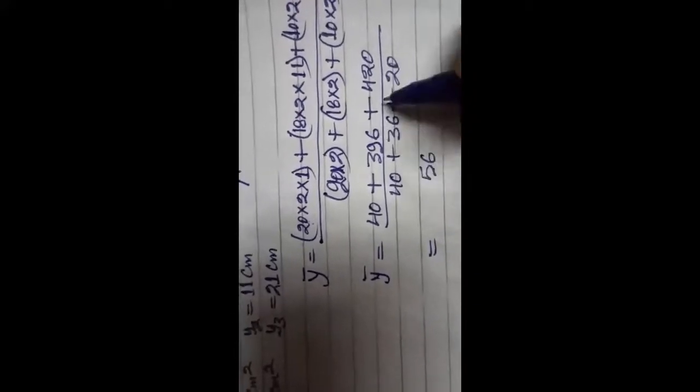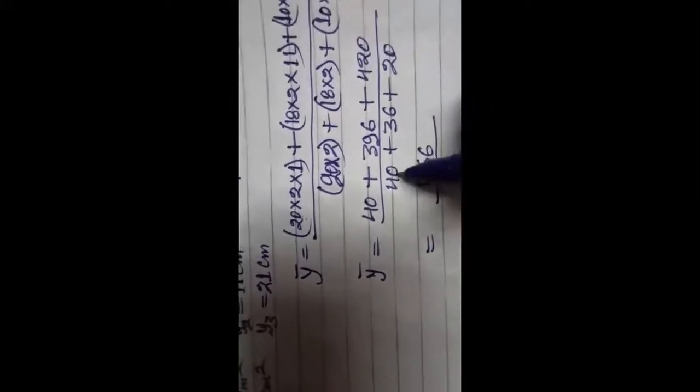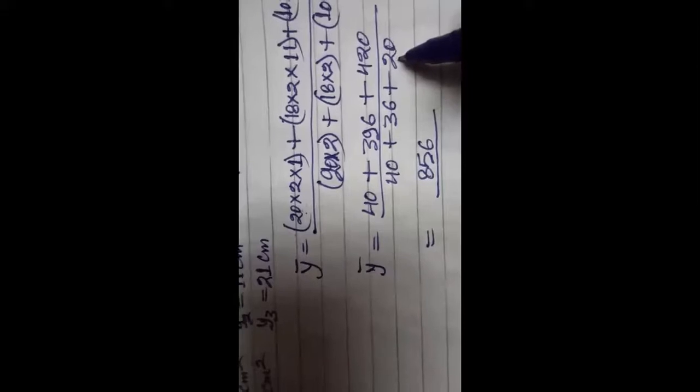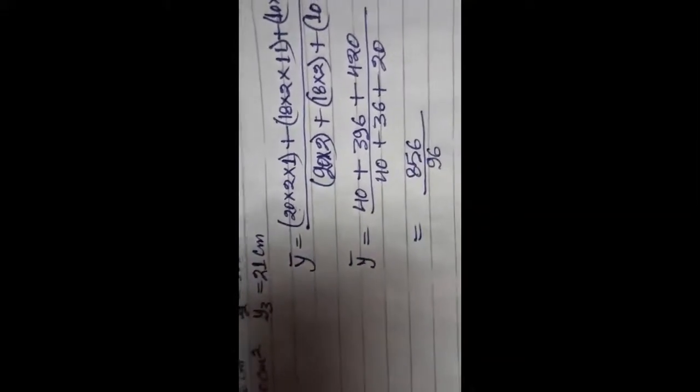So this will be equal to 856 divided by 96.